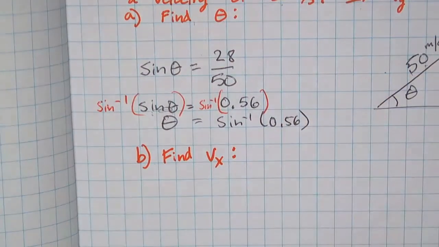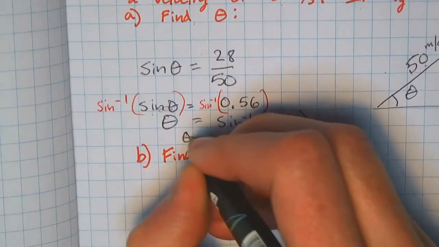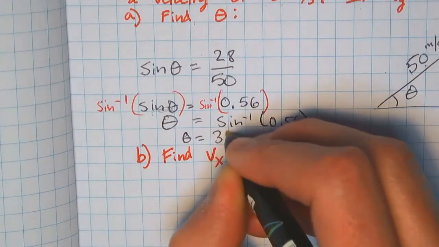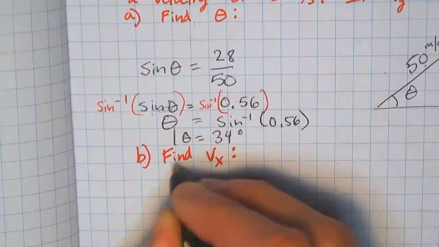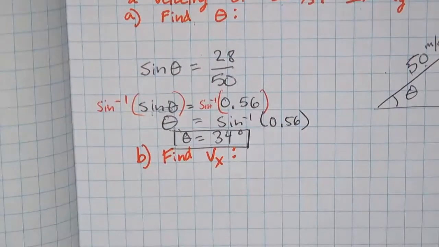This is just a button on your calculator, so you find that inverse sine, the little -1 there, and 0.56, and you get that theta is equal to 34 degrees.